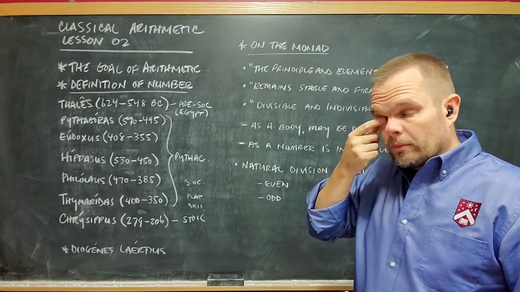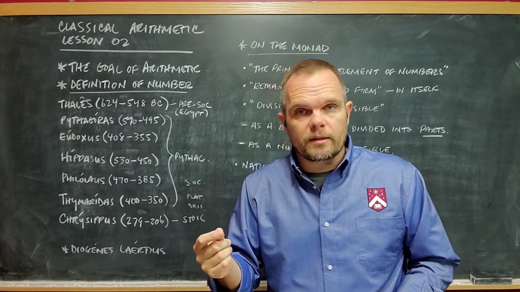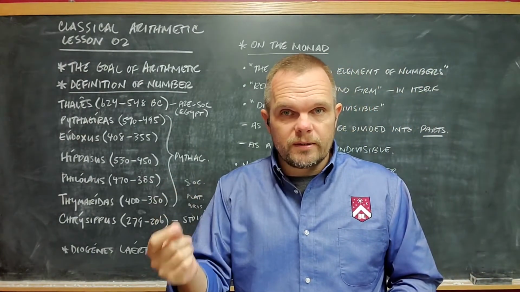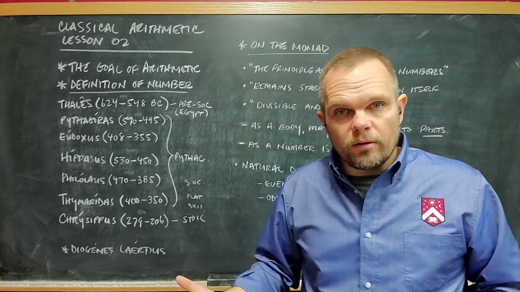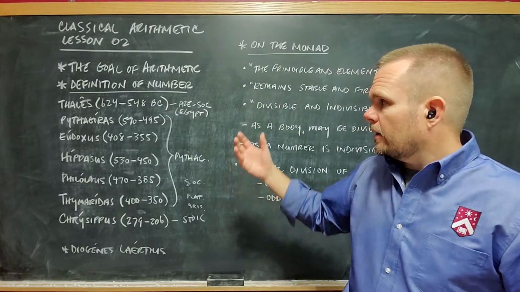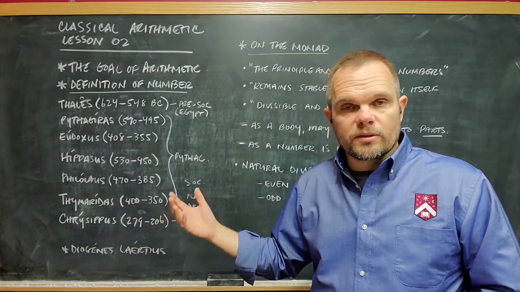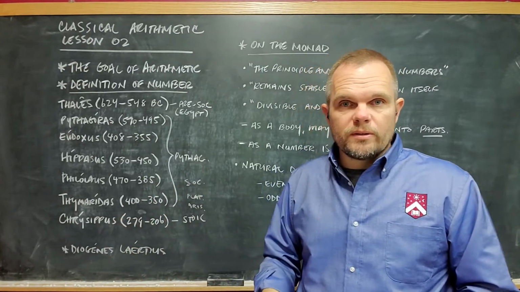So we have to remember that the goal in ancient arithmetic was to study and pursue wisdom, wisdom itself, to be wise, to understand God and all that God has created. And arithmetic was considered one of the studies or sciences necessary in the pursuit of wisdom.